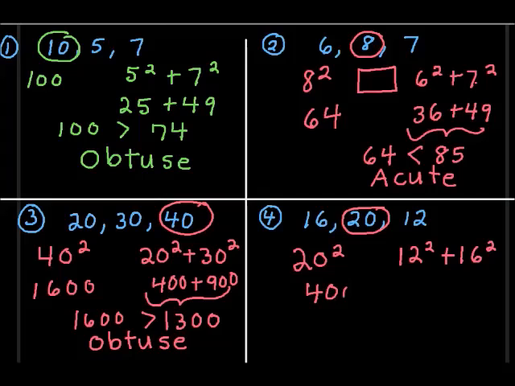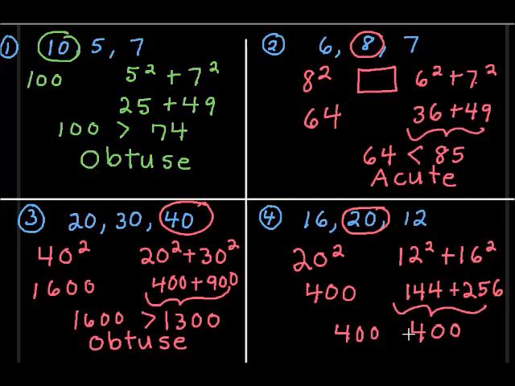You certainly want to have a calculator for these. 12 squared is 144, and my 16 squared is 256. If I add those two together, I get 400. When I compare the two, I get an equality. That means that this particular one is a right triangle.